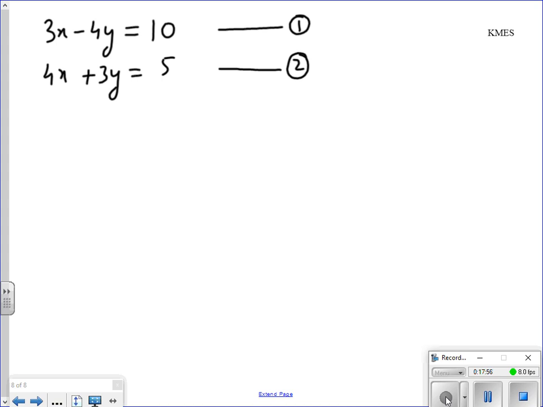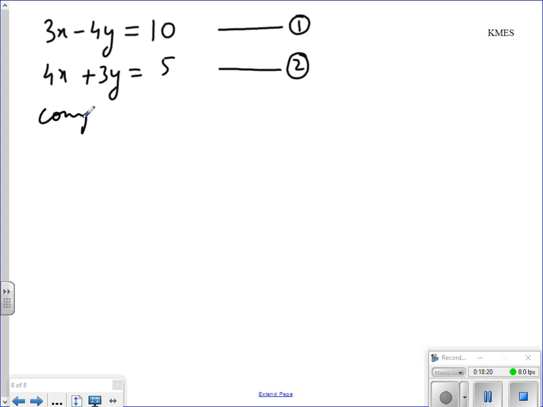So we have completed the first step. Second step is we have to compare these two equations with the general equations a1x plus b1y equal to c1 and a2x plus b2y equal to c2, and find the values of a1, b1 and c1, which are the coefficients of x, y and the constant term.